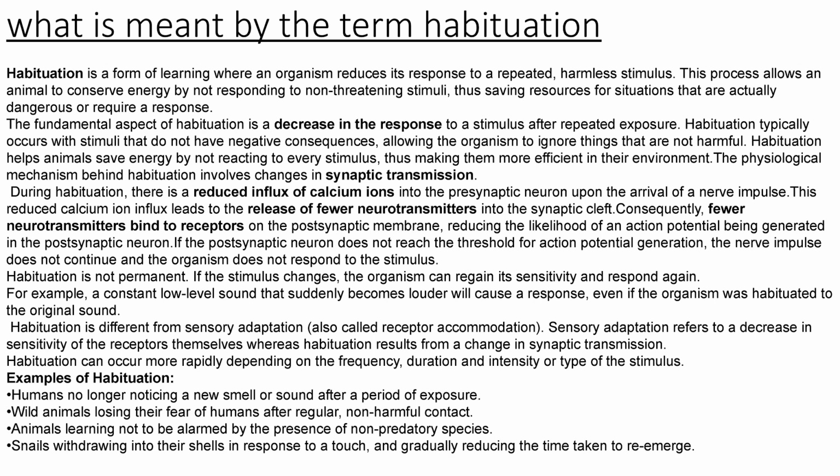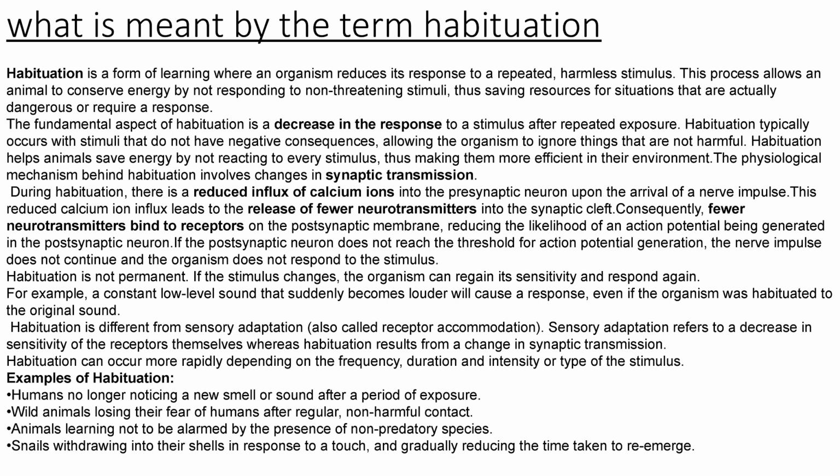The physiological mechanism behind habituation involves changes in synaptic transmission. During habituation, there is a reduced influx of calcium ions into the presynaptic neuron upon the arrival of a nerve impulse. This reduced calcium ion influx leads to the release of fewer neurotransmitters in the synaptic cleft.